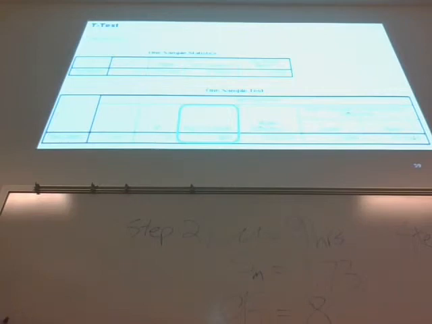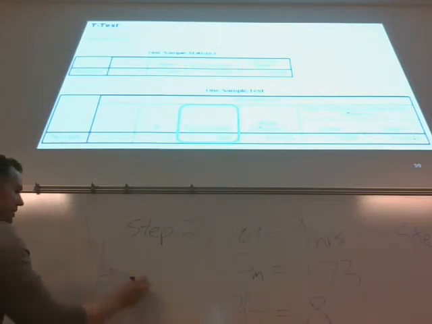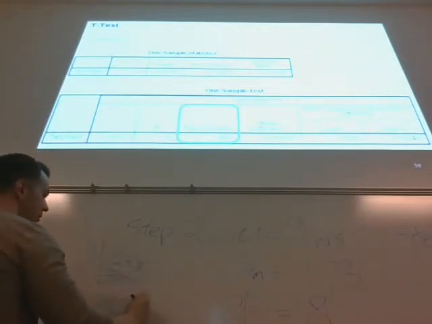Because this is what we did. We took a t-distribution, and we said, I'm going to put 2.5% in the one tail. I'm going to put 2.5% in the other tail because my alpha was 0.05.